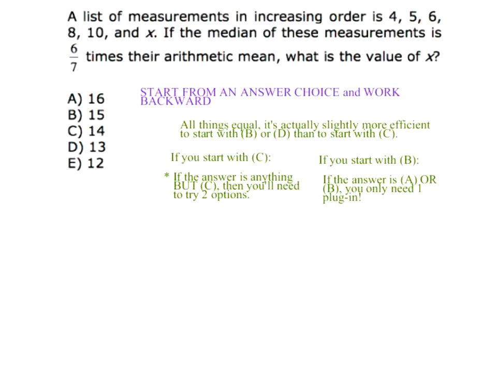That's what's nice about this. If you plug in 15 and it's too small, then the answer is automatically 16. And if you plug in 15 and it works, then of course the answer is 15. And if it's too big, then you would just plug in the middle of the remaining 3 choices. So starting with B is actually more efficient than starting with C.